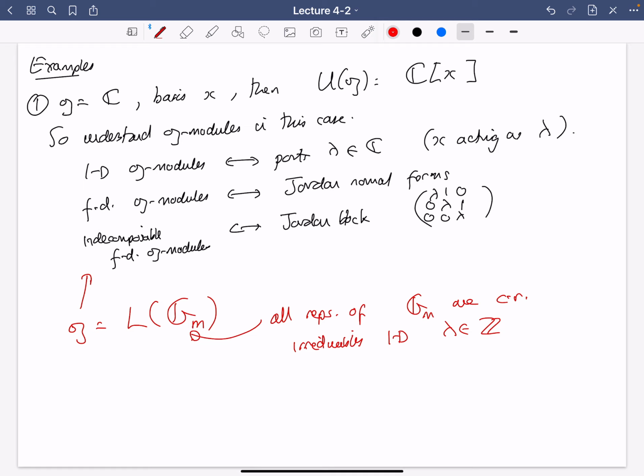Remember, we had this functor from representations of the algebraic group to representations of its Lie algebra, and so we're seeing in this case this connection between the Lie algebra and the group.